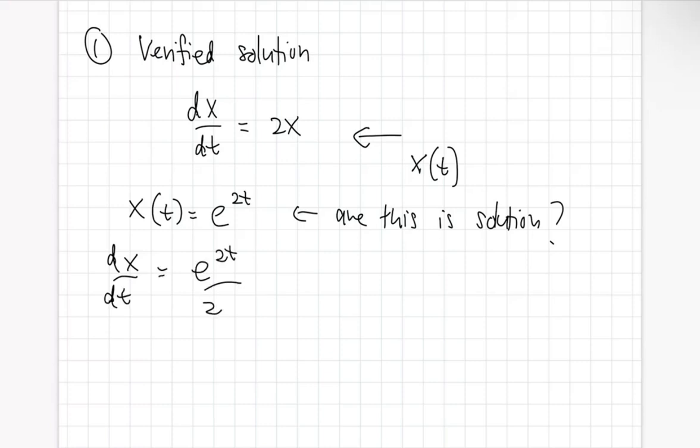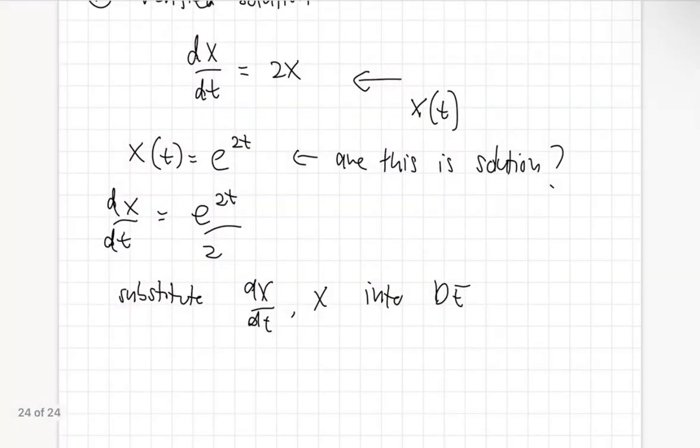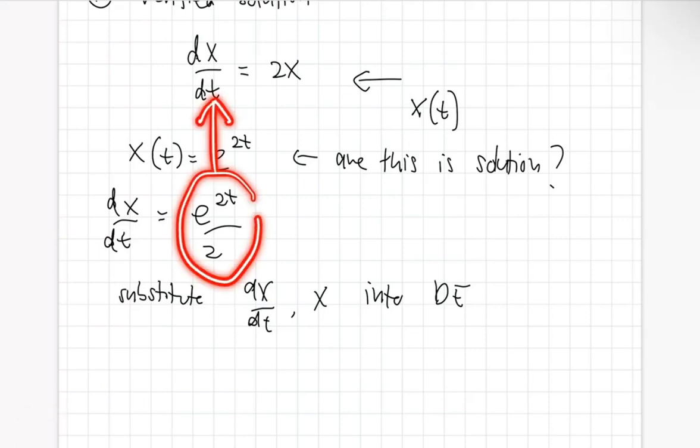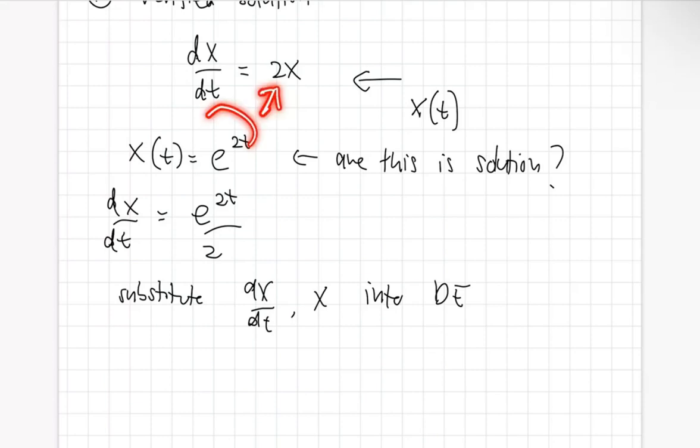And then substitute dx over dt and x into the differential equation. So you substitute back, exponent 2t here equal to 2 multiplied by x here. Thus, you should get the same answer. If not, then this is not the solution.